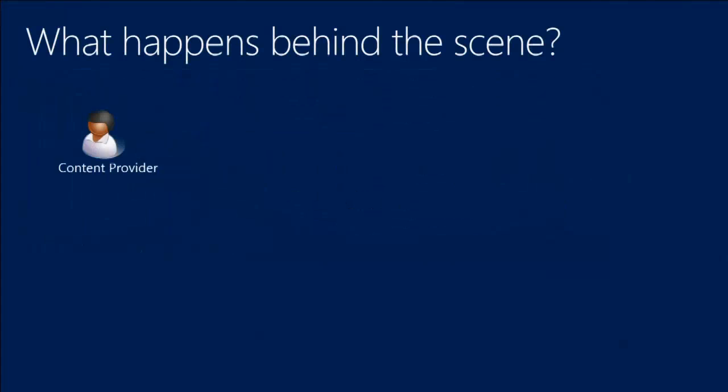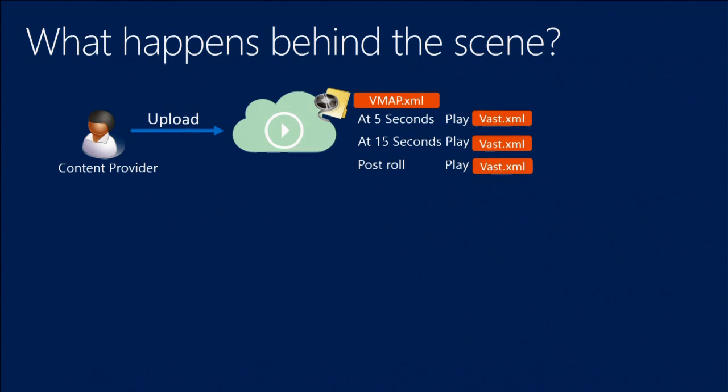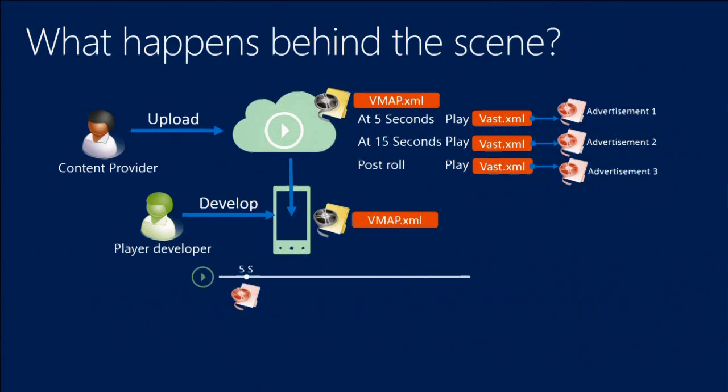So, to summarize, you have this XML file stored somewhere in the cloud that defines the logic of the advertising. Each advertisement points to a file which is also in the cloud, and then the player is going to get the file and browse it, and then do the logic, right? So the ad is going to be inserted by the player itself based on the description in the file.